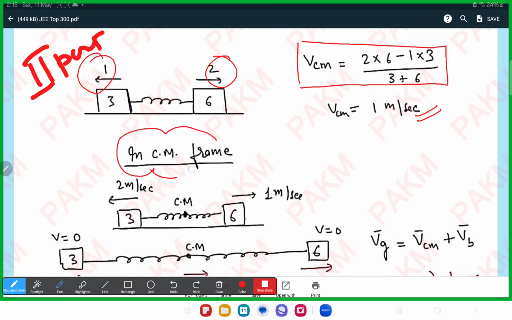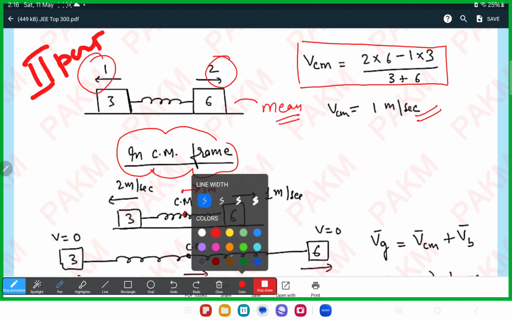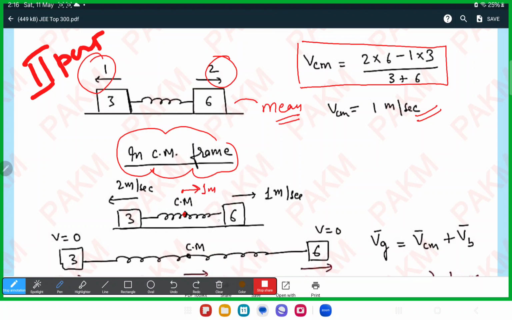In the center of mass frame, earlier it has velocities 2 and 1 respectively. This is the mean position. Okay, mean position velocity, and I told you at the mean position it has a maximum velocity. Now when the center of mass itself is moving with 1, with respect to center of mass, we have to add the center of mass velocity by swapping the direction.